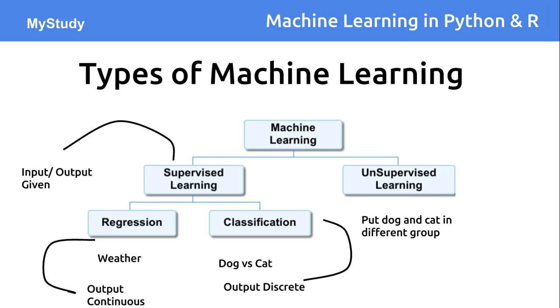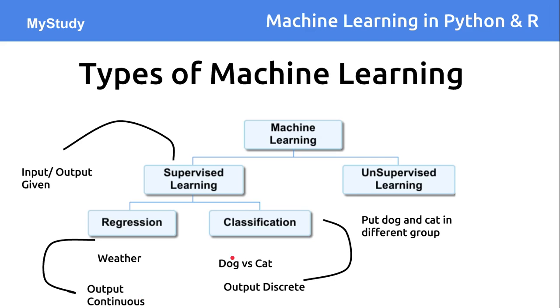If it is a continuous value, it's a regression kind of problem. And if the output is discrete, that is, only a set of values is possible in the output, then it's a classification problem. So if input and output both have been given, it's a supervised learning problem. And within supervised learning, if the output is continuous, it's a regression problem. If the output is discrete, it's a classification problem.